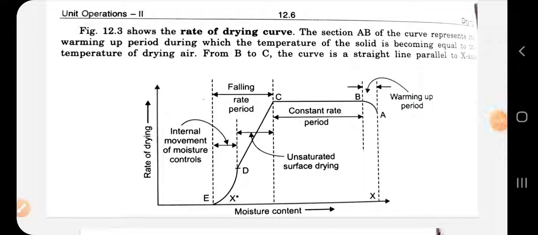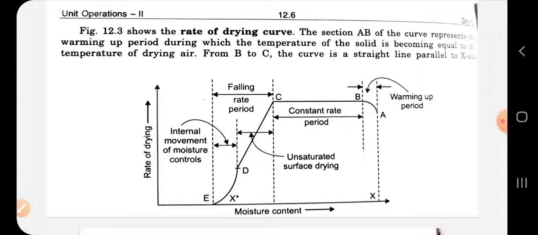We missed an important part about point B to C. From point B to C, when constant rate of drying is occurring, the layer of water which is already on the surface of the solid is the only part of water being evaporated. So B to C is the constant rate of drying period, where only the surface water is being dried.